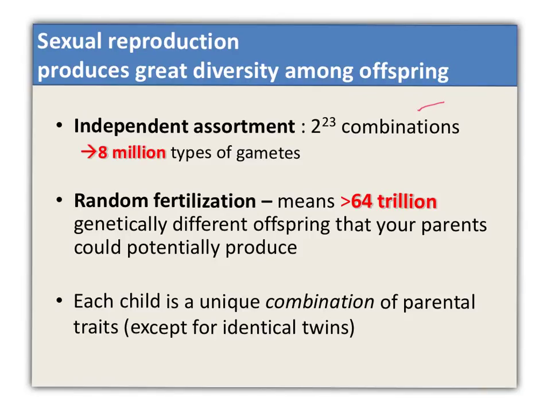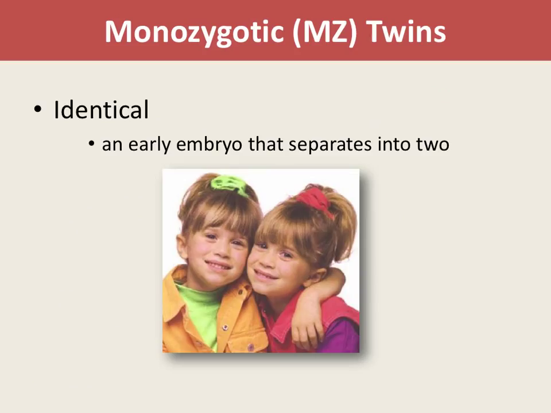Each child is a unique combination of parental traits except for identical twins. So identical twins are essentially clones of each other. Monozygotic twins, there's an embryo that separates into two. They are genetically identical, but there are differences.